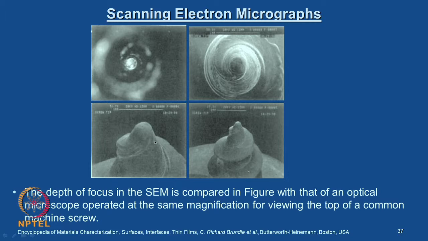You can see that much clearer details are obtained using the scanning electron microscope. This is just to illustrate that effect. You have a very high depth of focus, and by now you know why we get very good depth of focus.